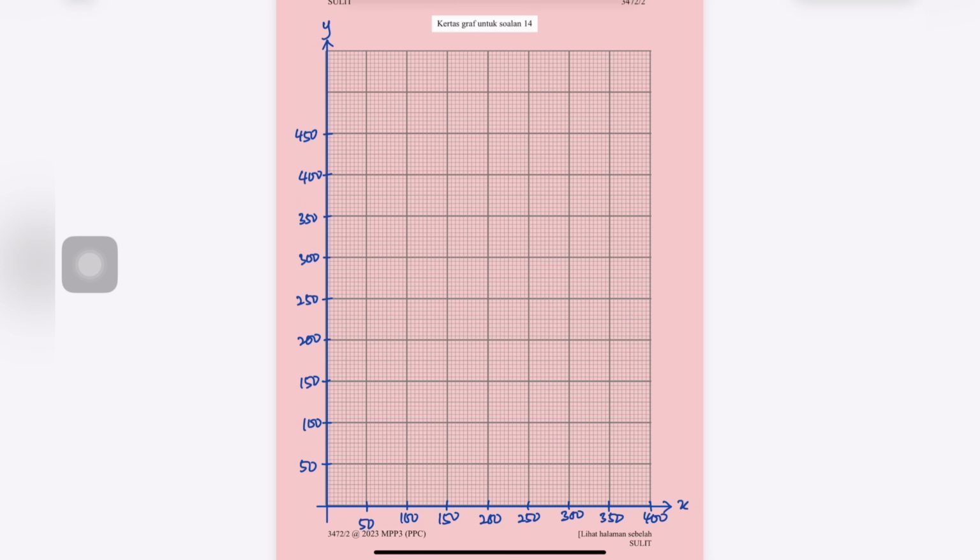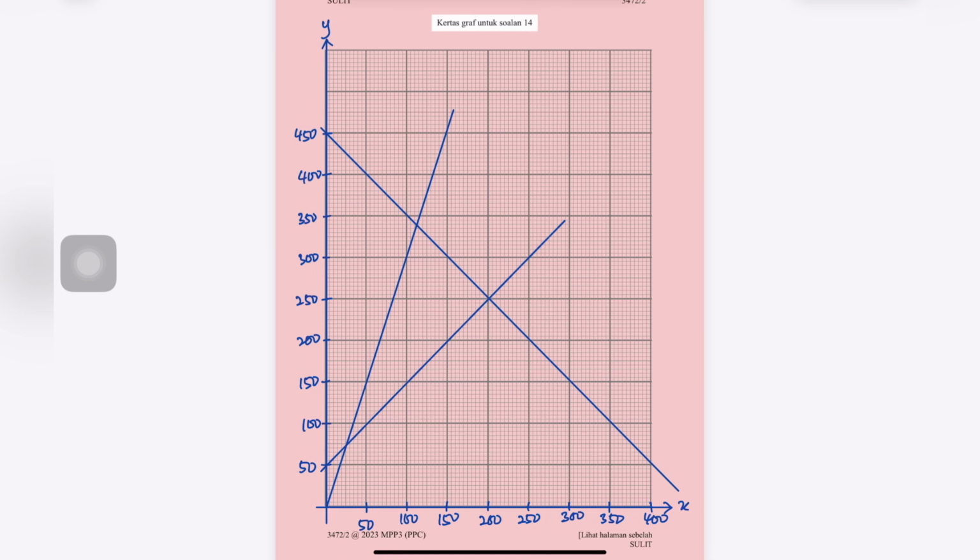Then we draw straight line x plus y equals to 450. Straight line y minus x equals to 50. And straight line y equals to 3x. Lepas tu kita shade lah region R.